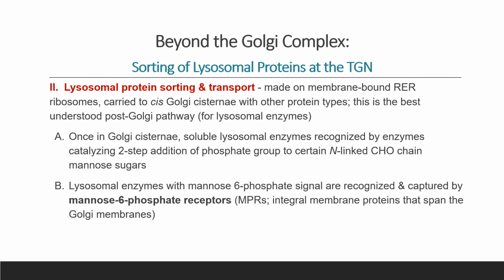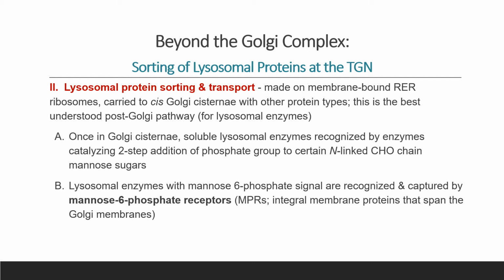So lysosomal proteins are made on the membrane-bound RER ribosomes and carried to the cis-Golgi cisternae with other protein types. And this is best understood in the post-Golgi pathway for lysosomal enzymes.